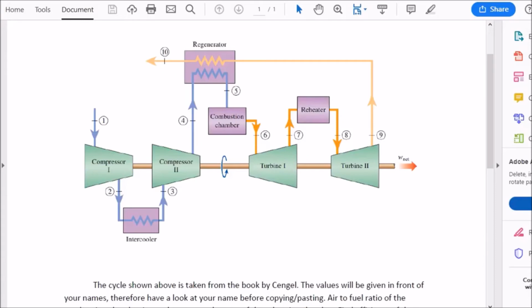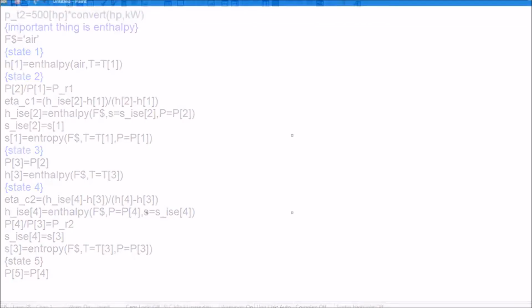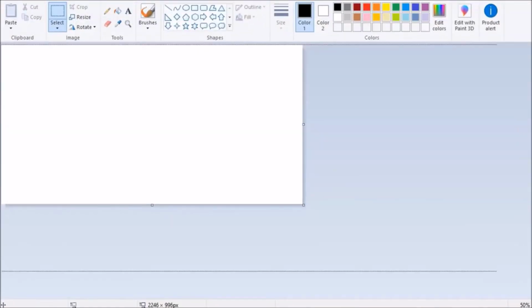Therefore, first of all, let's write the energy balance for the combustion chamber. This is our combustion chamber.